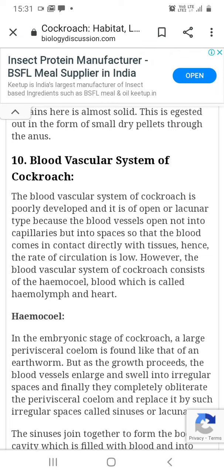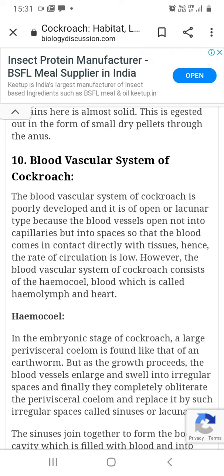All the tissues are bathed in the hemolymph, and thus the exchange of nutrients and waste occurs from the tissues into the hemolymph, and the nutrients are supplied from hemolymph to the tissue. So this is the nutshell about circulatory system of cockroach.